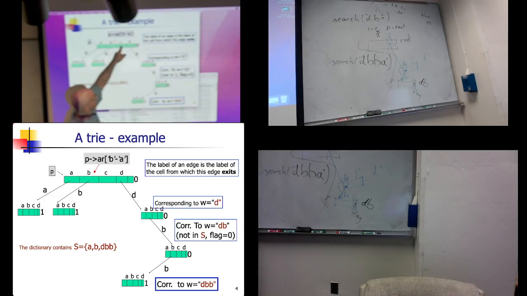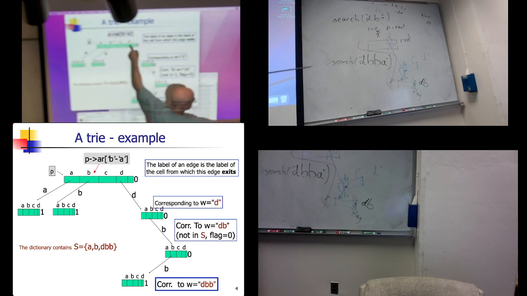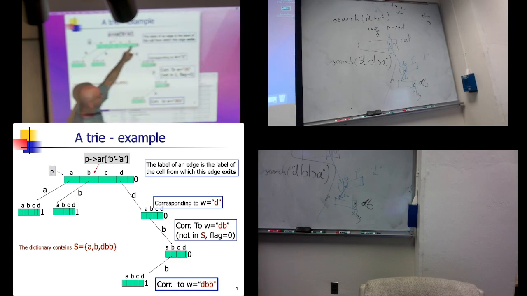I start when P points to the root. Looking at the string at index 0, it's a D. So P will point to this guy. This is not a null, so P will point to this guy. Next letter is B. The B cell points to an existing node. Follow P.